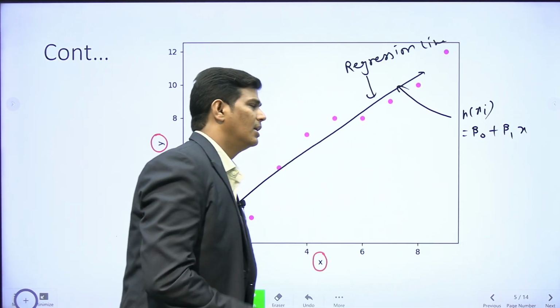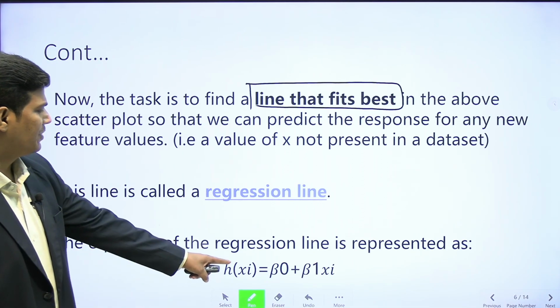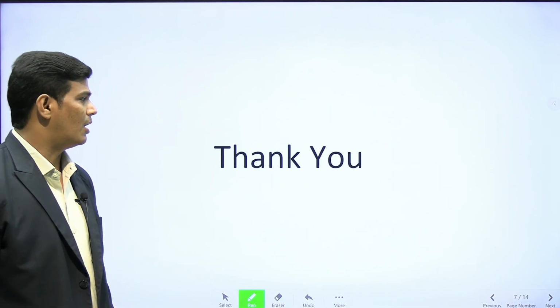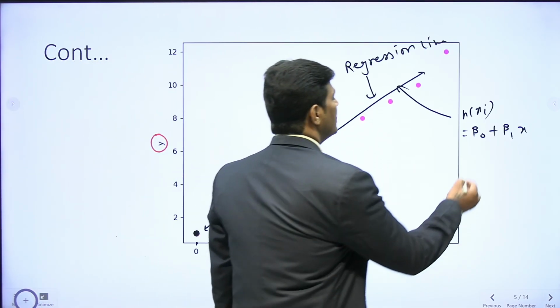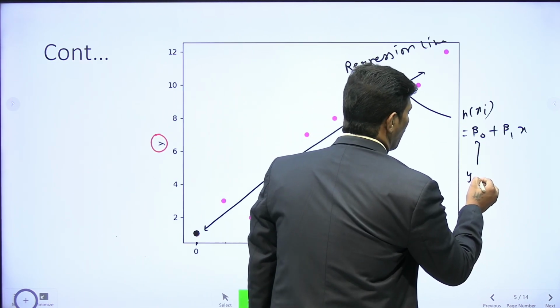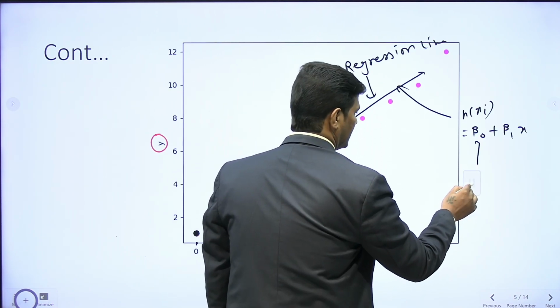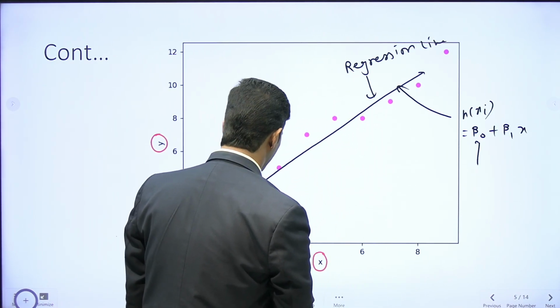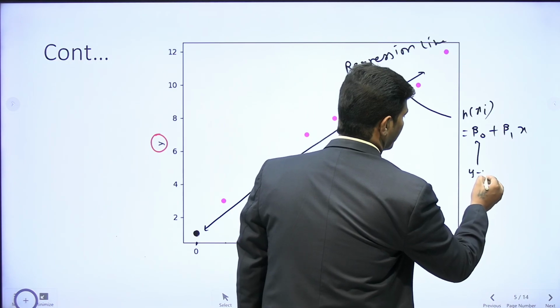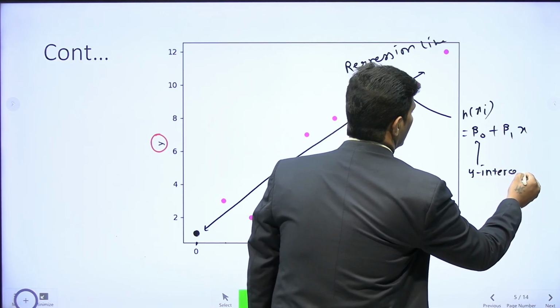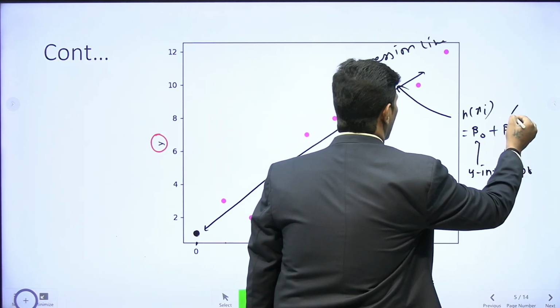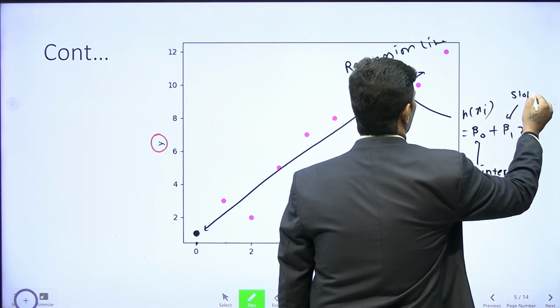Here beta 0 is known as the y-intercept, and beta 1 is known as the slope.